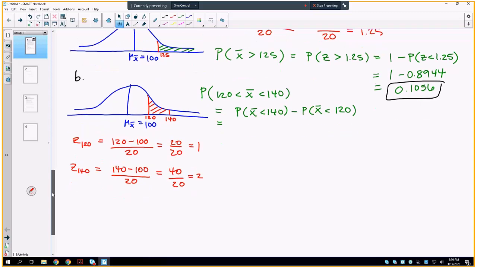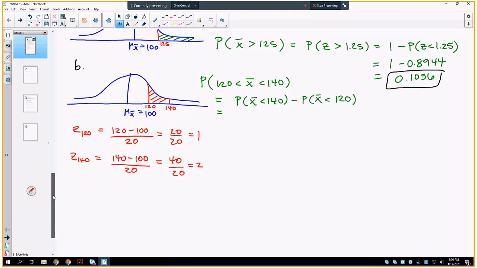So if I wanted to translate this probability in terms of z-scores, that should be the probability that z is less than 2, subtract the probability that z is less than 1. And we know how to find these probabilities in our table.